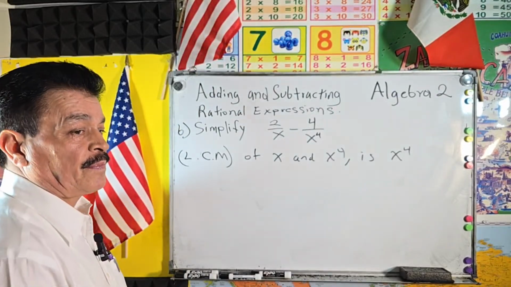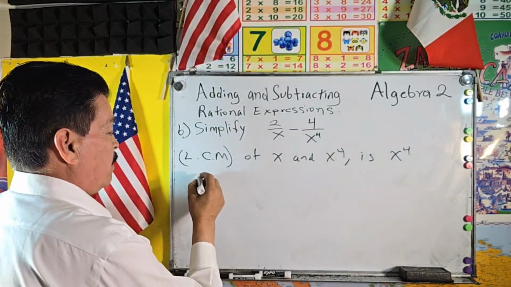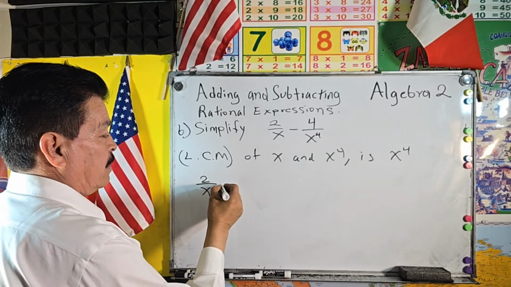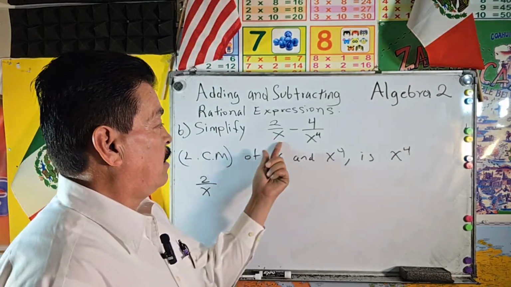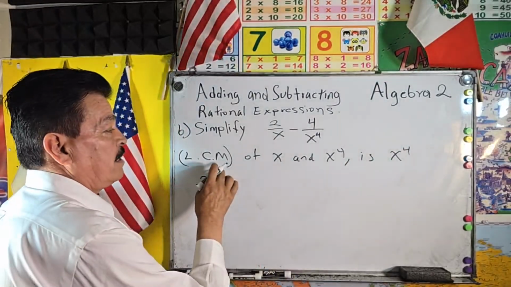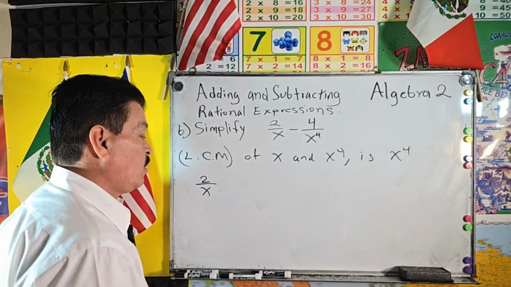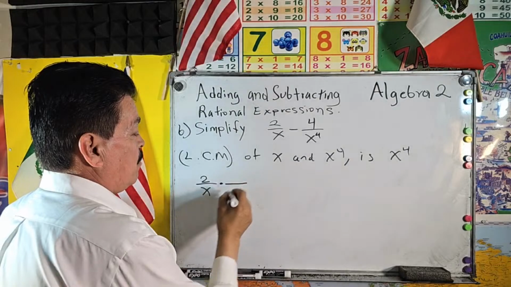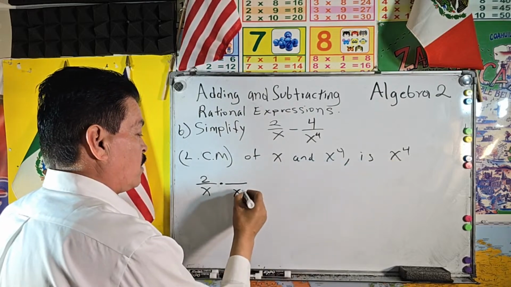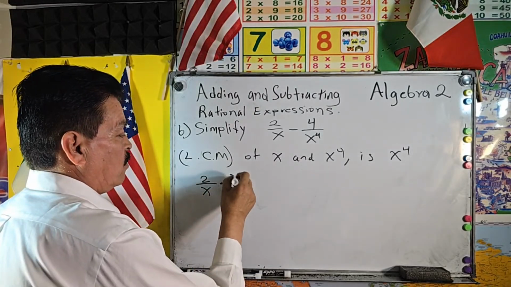Okay, now just do the process here. So we have 2 over x, multiplied by the number that gives the common denominator. This is the common denominator, x to the 4th power. So multiply by x to the 3rd power, right? x times x cubed is x to the 4th power.